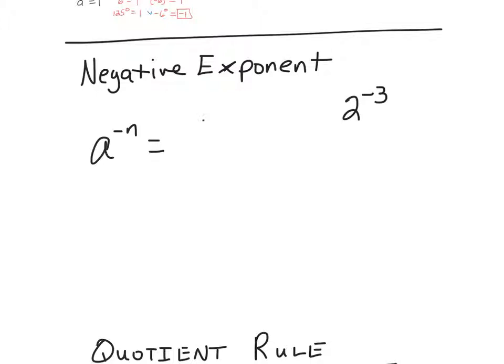So if a to the negative n goes to the denominator, it'll be a to the positive n, and I'll have 1 over a to the positive n. Now, with my beginning algebra classes, I call that changing the level. Change the level on the factor, and you change the sign on the exponent.